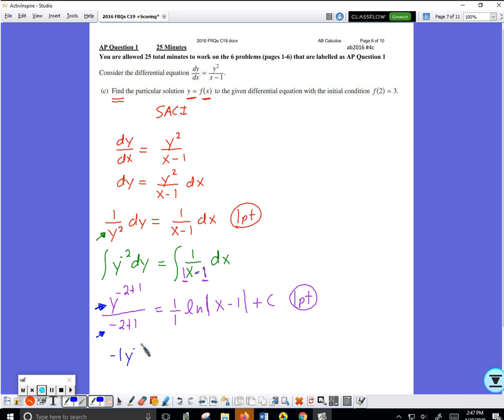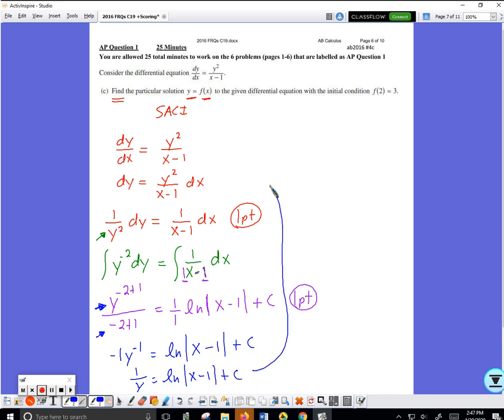So we have this equals natural log absolute value x minus 1 plus a constant. Okay, y to the negative 1 is the same as 1 over y. So I'm going to rewrite this as 1 over y equals natural log absolute value x minus 1 plus c. And now I'm ready to plug in.